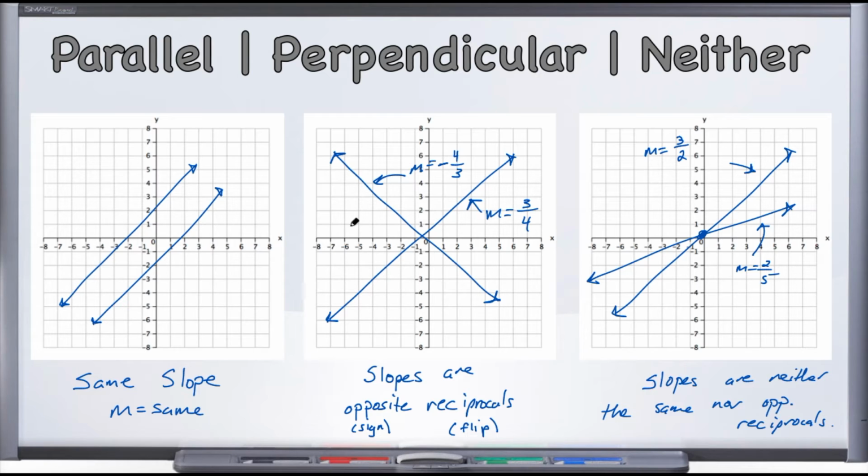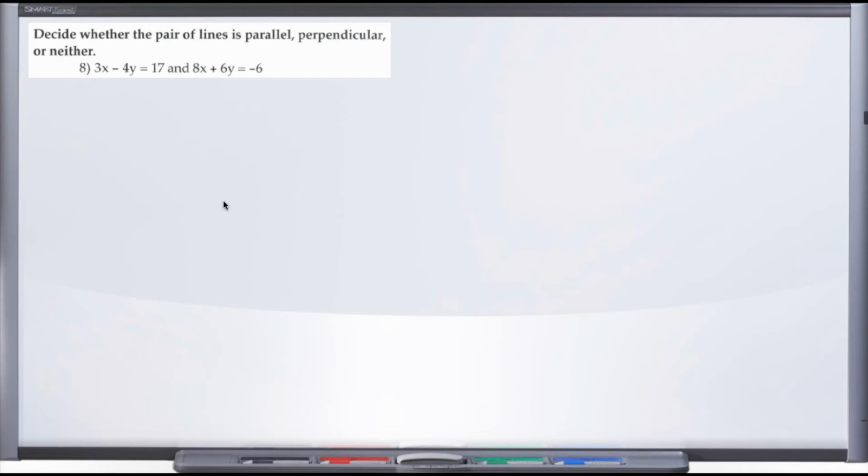All right, so that's just a quick refresher of what those lines look like, and hopefully that'll make it a little easier to go ahead and tackle these next problems here, 8, 9, and 10. And so the directions are: decide whether the pair of lines is parallel, perpendicular, or neither. And since we just talked about it, we know that the thing we want to look at with respect to equations of lines is the slope.